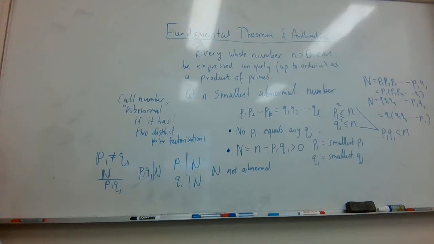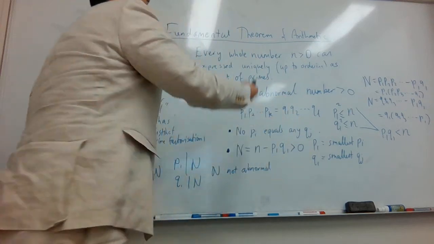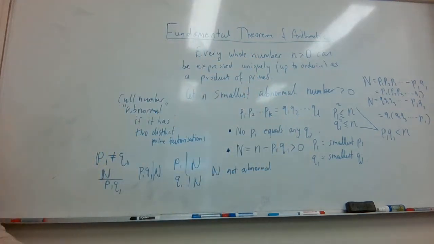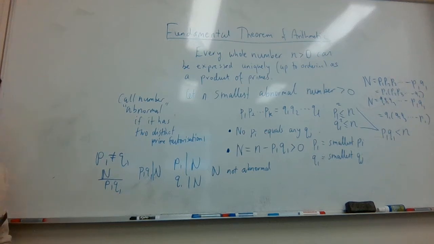Big N is less than small n, right? So I guess we should have said the smallest abnormal number greater than 0. And big N is greater than 0 and smaller than the smallest, so it must not be abnormal. So that means that N has one unique factorization, and P1 and Q1 are both in there, so it's going to divide evenly. Does that make sense?